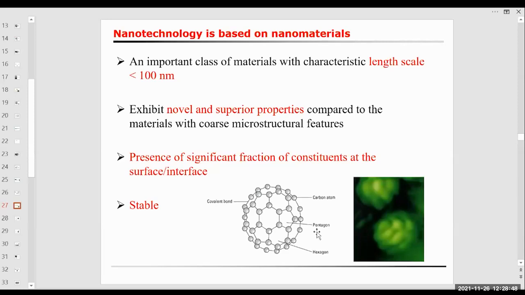Let me explain this with an example. This is the schematic of C60, carbon 60, buckyball or fullerene. The constituents are carbon atoms, and we are saying C60, so there are 60 constituents, 60 carbon atoms. In order to classify this as a nanomaterial, let us apply the first rule.